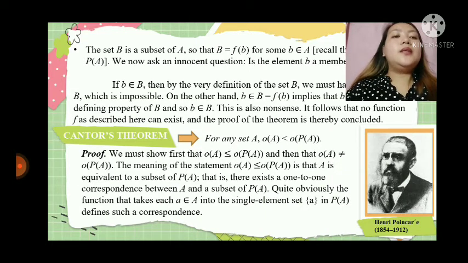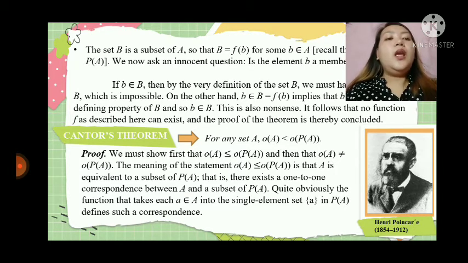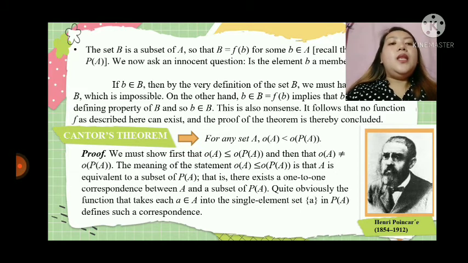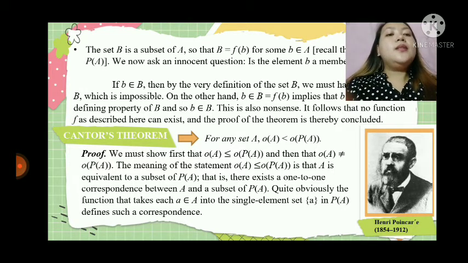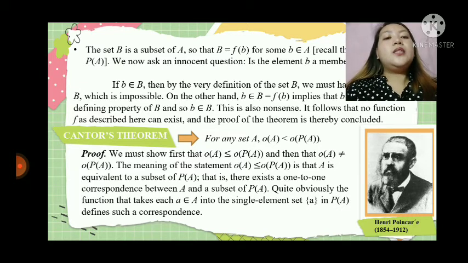We must show first that A is less than or equal to the power set of A, and then that A is not equal to the power set of A. The meaning of the statement that A is less than or equal to the power set of A is that A is equivalent to a subset of the power set of A. That is, there exists a one-to-one correspondence between A and a subset of the power set of A. It is quite obvious that the function that takes an element a of A onto the single-element set {a} in the power set of A defines such a correspondence.